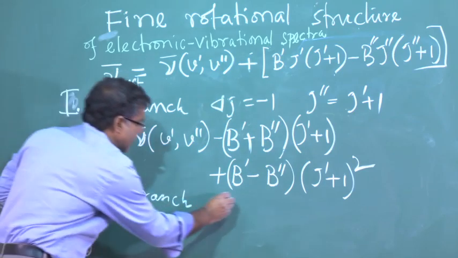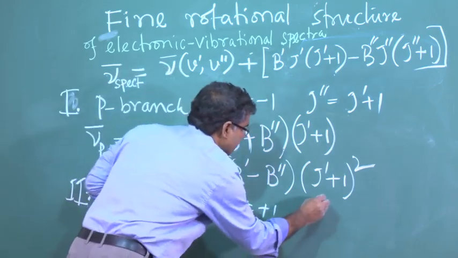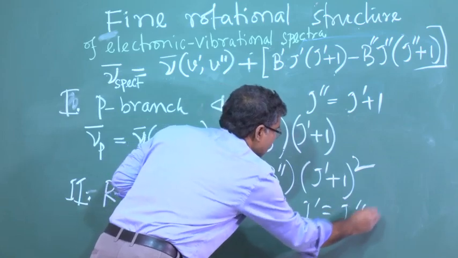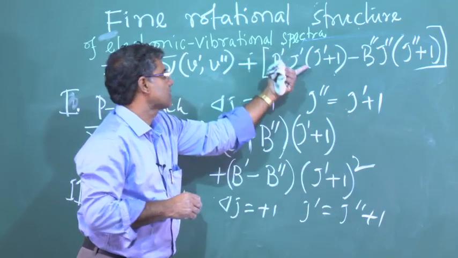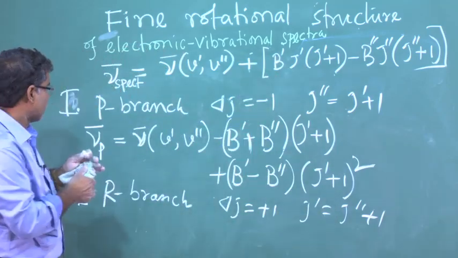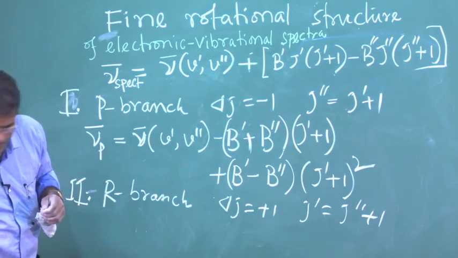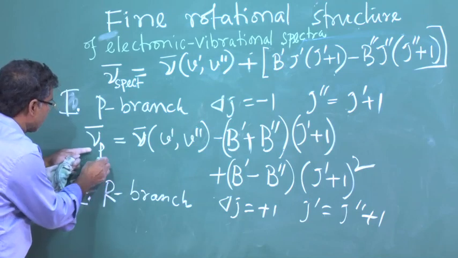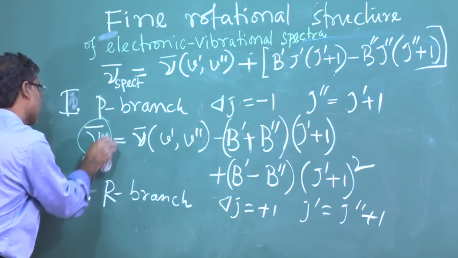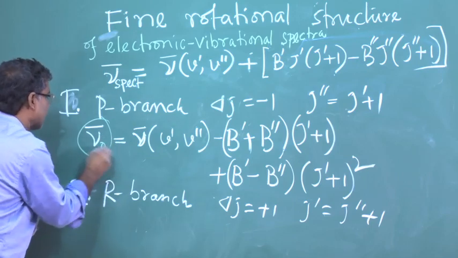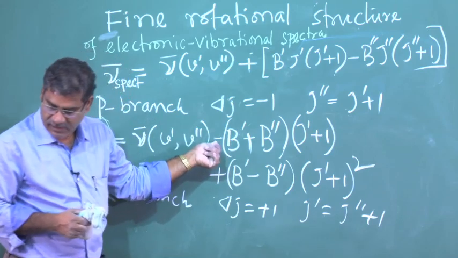In that case, delta J equal to plus 1, which means J dash equal to J double dash plus 1. If you replace J dash equal to J double dash plus 1 here, in that case you will get the R branch.